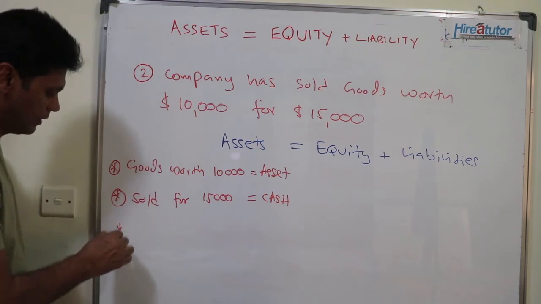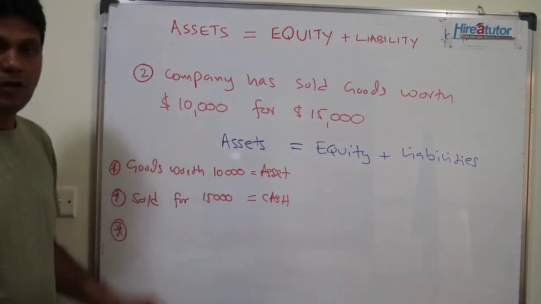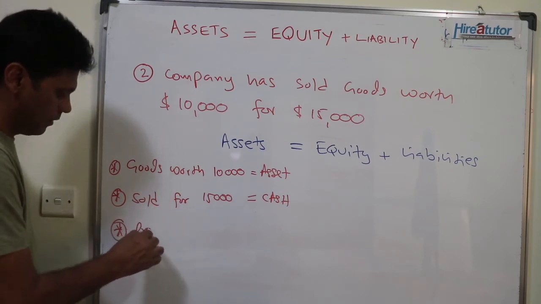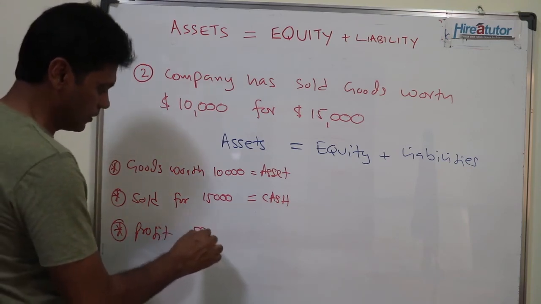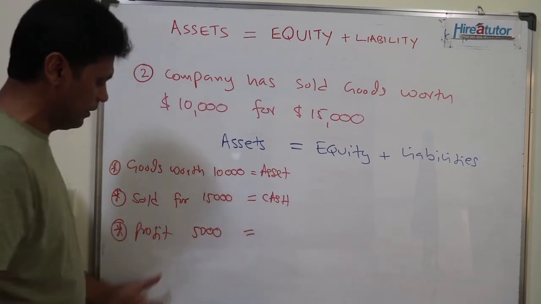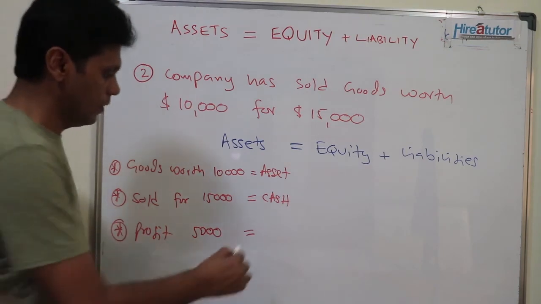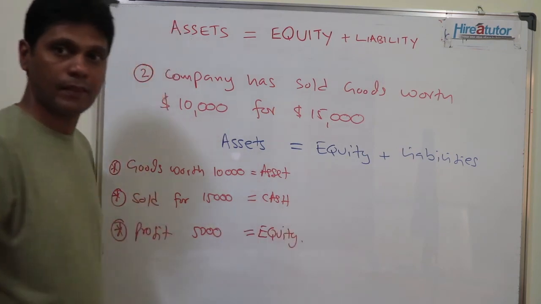And the third one is the difference between the selling price and the cost of the goods, which we treat as profit of 5,000. So profit is owned by the equity owners, so therefore it will be adjusted under equity.